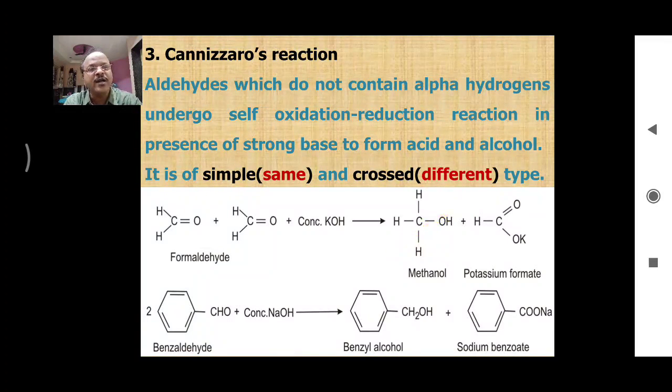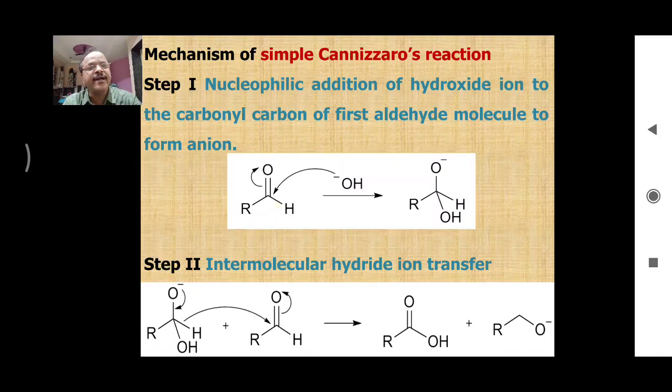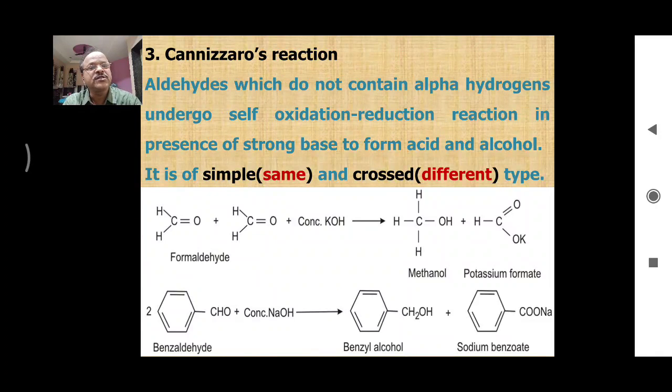So one formaldehyde molecule will get oxidized to acid, and the second molecule of formaldehyde will get reduced to this alcohol molecule.